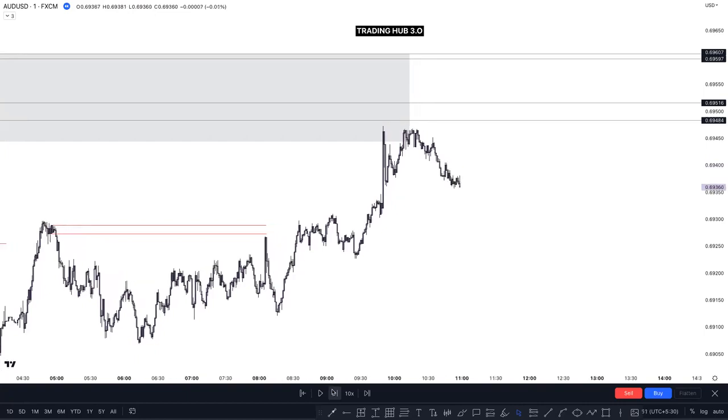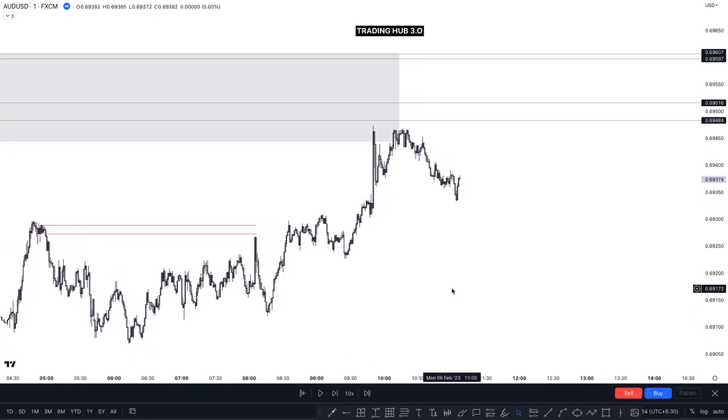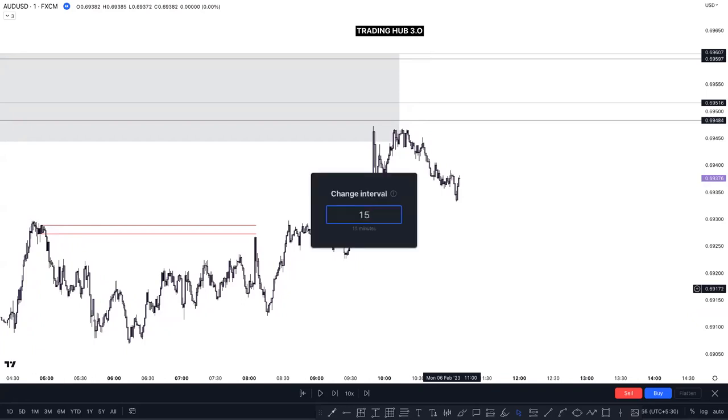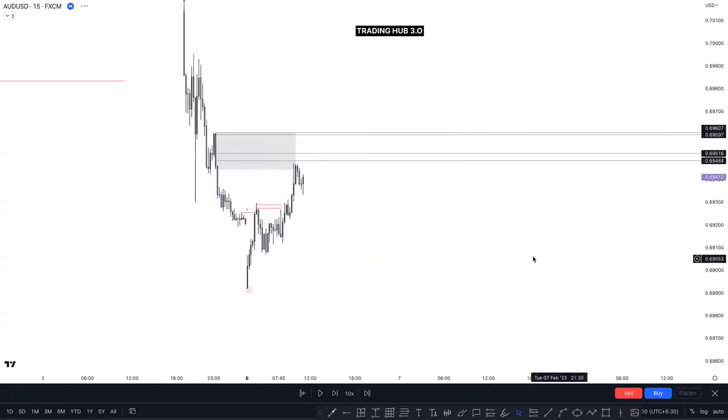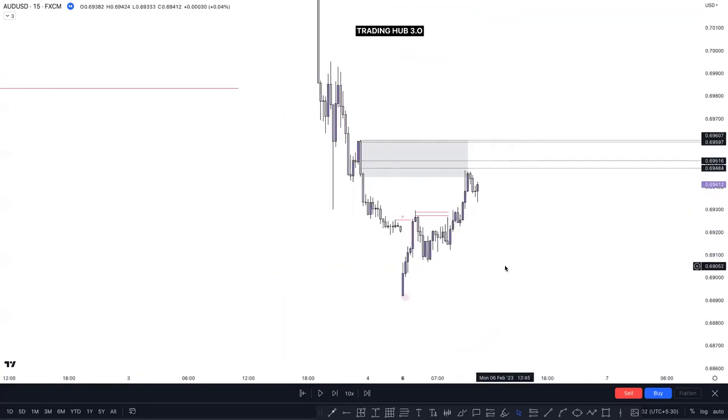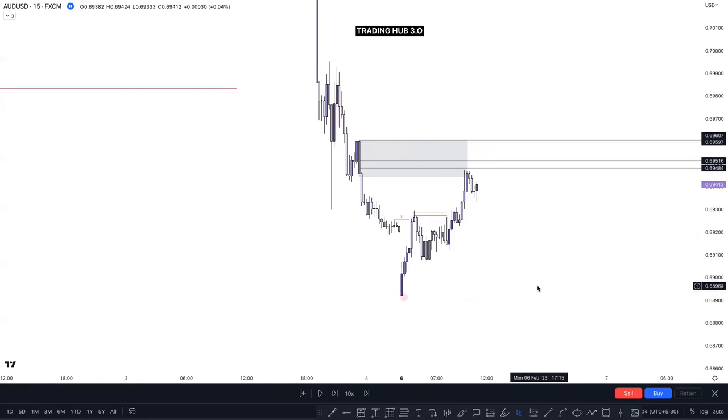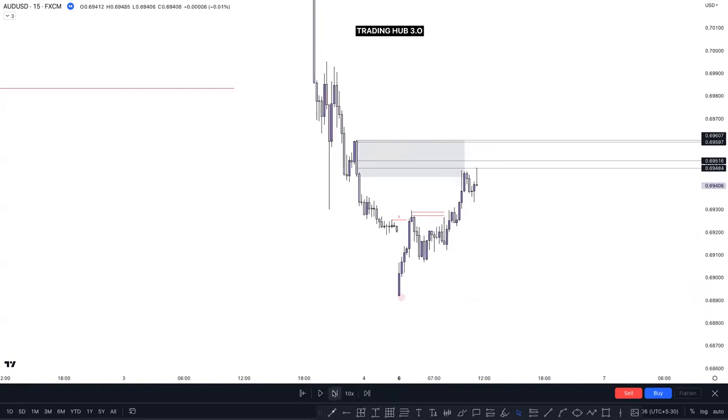Okay, switch again to the 15-minute time frame. Okay, right. So price tapped your 1 minute unmitigated order block, which is here, right?